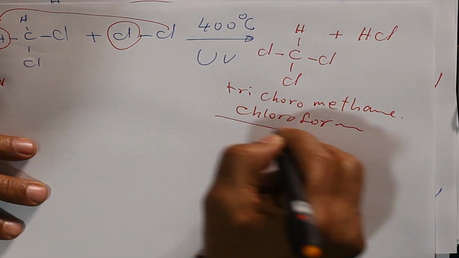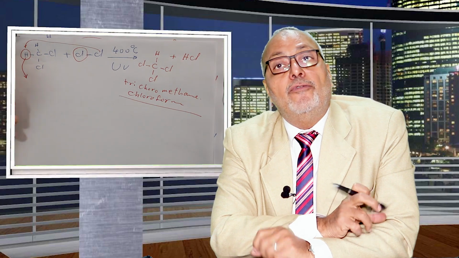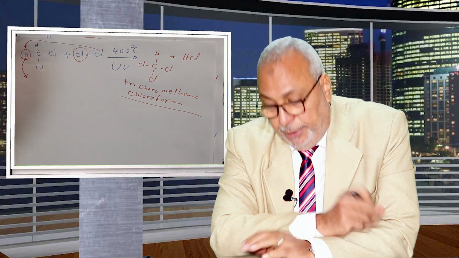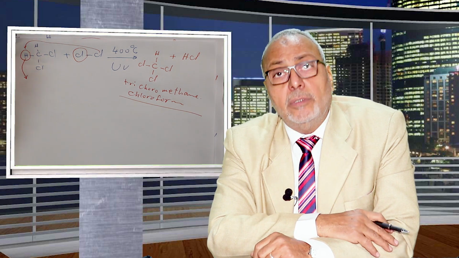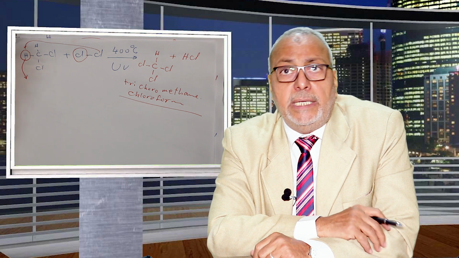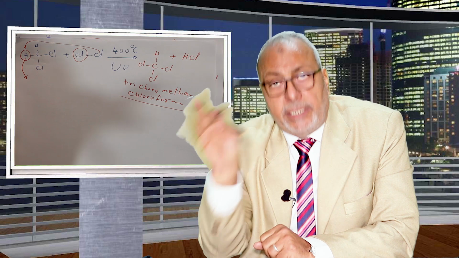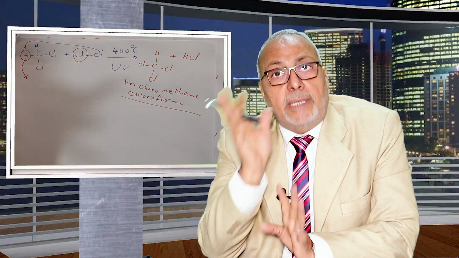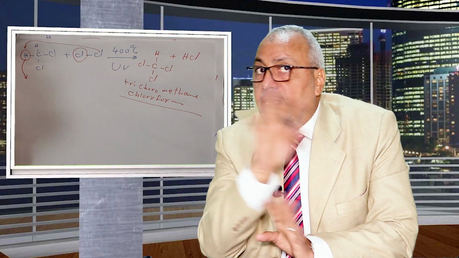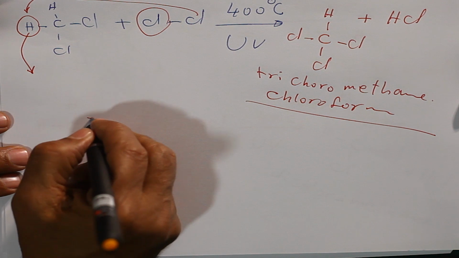Chloroform was used as an antiseptic substance for surgical operations. But we stopped using it because its dose can't be controlled accurately, so it leads to death. So we must stop it now. We don't use it. Then the reaction will continue.